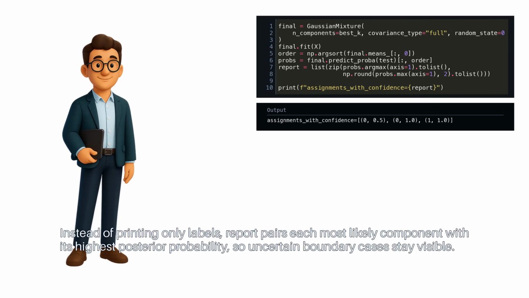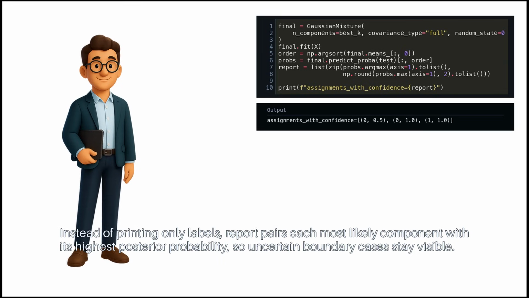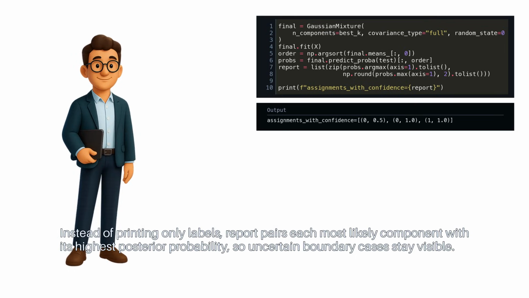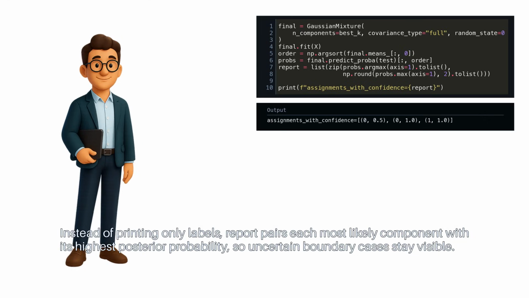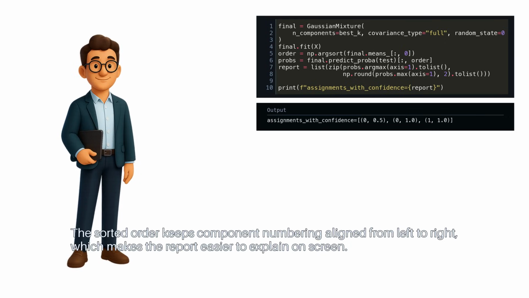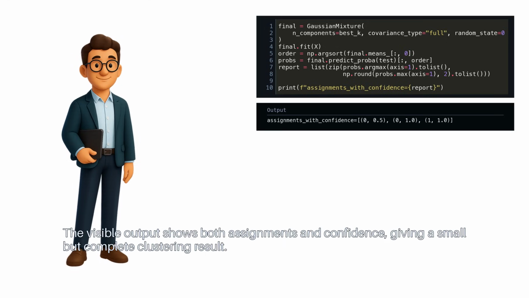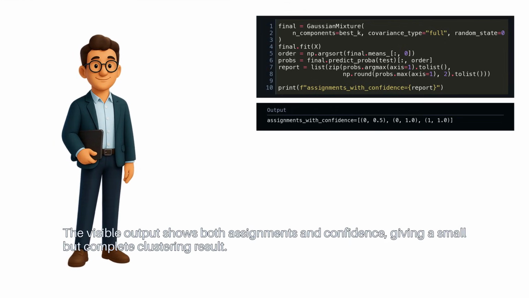Instead of printing only labels, report pairs, each most likely component with its highest posterior probability, so uncertain boundary cases stay visible. The sorted order keeps component numbering aligned from left to right, which makes the report easier to explain on screen. The visible output shows both assignments and confidence, giving a small but complete clustering result.